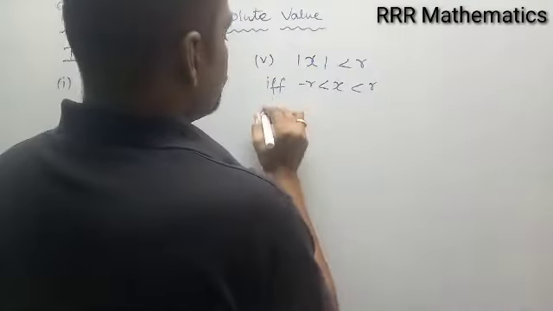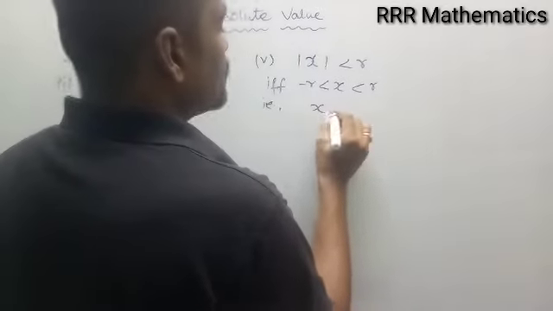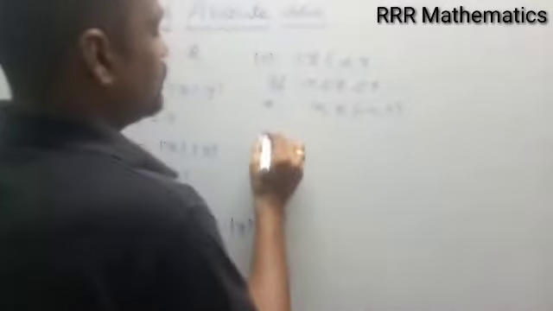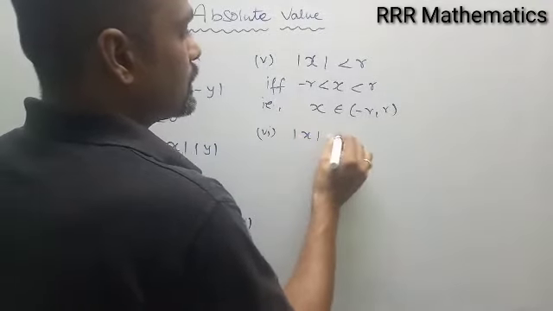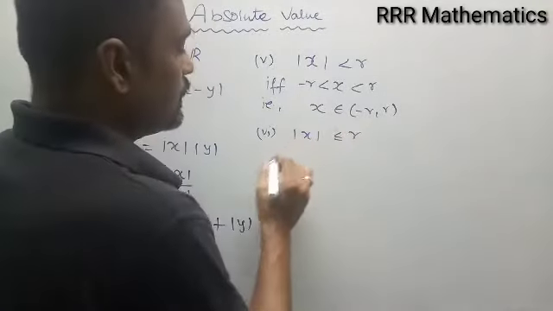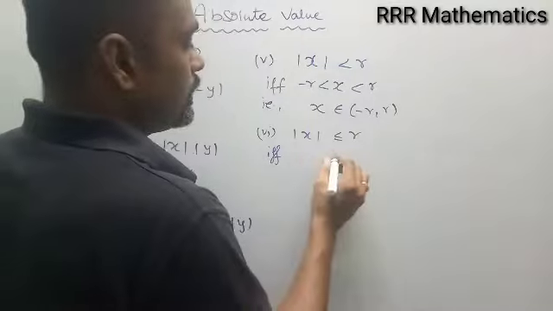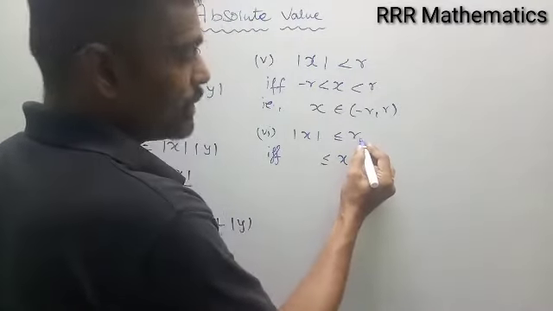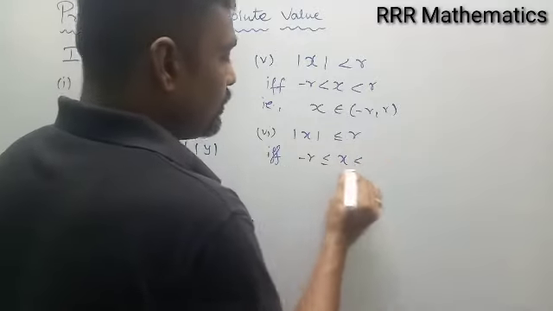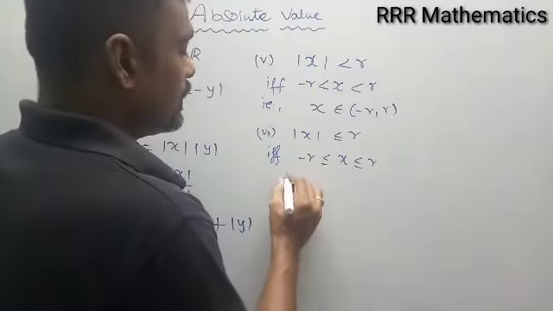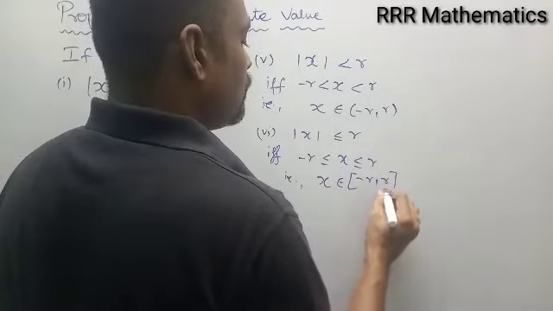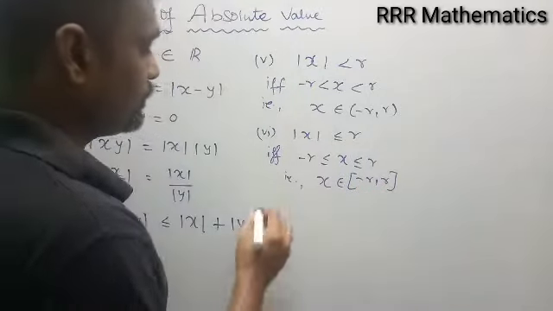That is your x belongs to minus r comma plus r. Suppose your mod x less than or equal to r, that is the same x, same sign will come here and here. Here I have a positive, so this is negative to positive. So that is your x belongs to minus r comma plus r, closed interval.